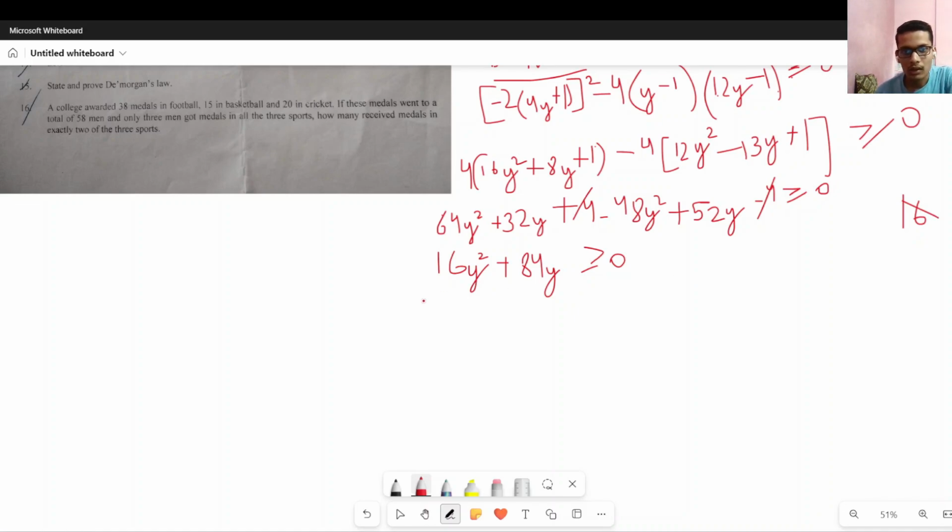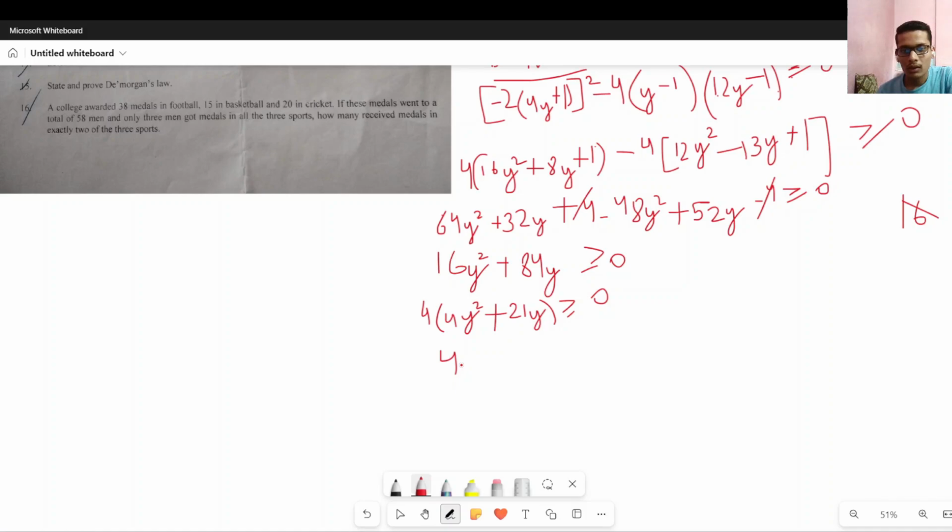So what will be here? We can take 4 common from here. Here will be 4y square plus 21y. Okay, it will be greater than or equal to 0.